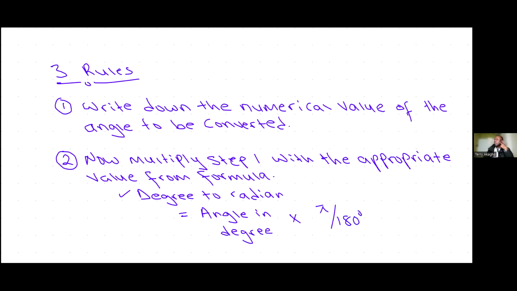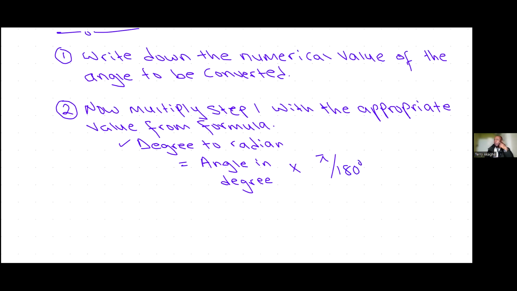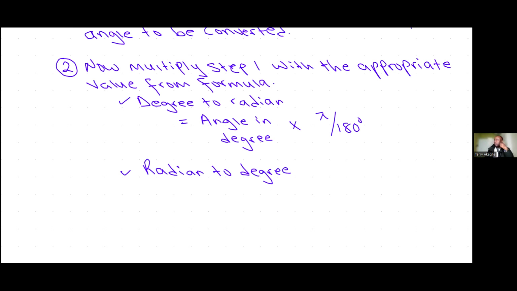But if you're converting from radians to degrees, what you do is take the angle in radians multiplied by 180 degrees over pi.